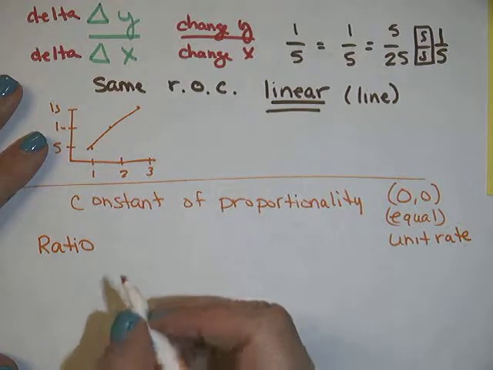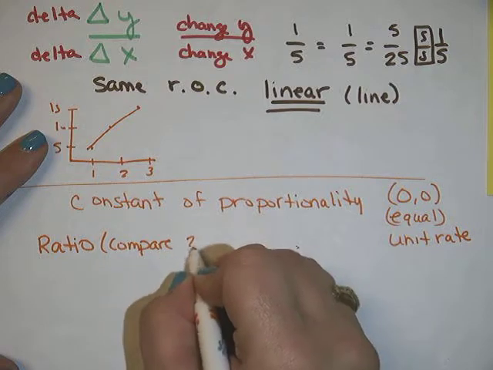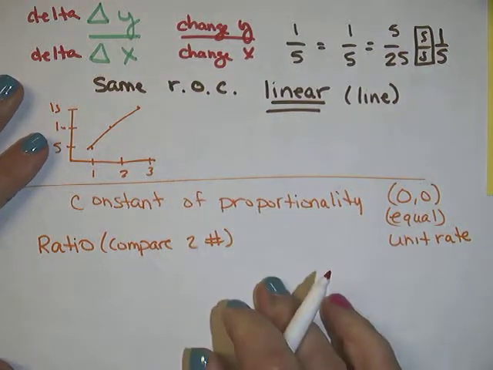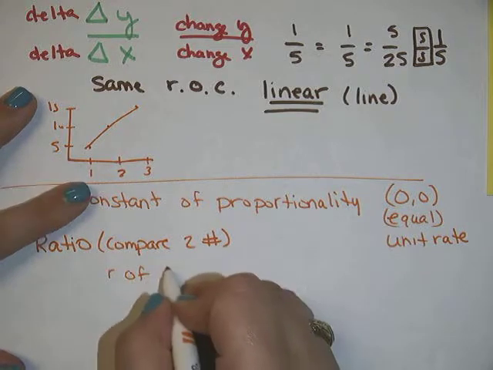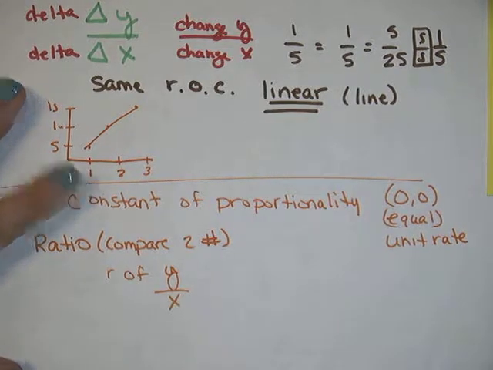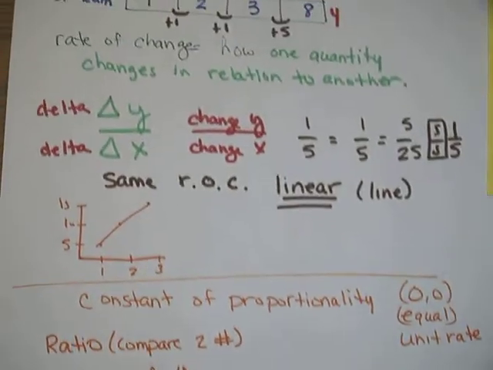So to do this, we're taking the ratio. Ratio is just a what? Yep, very good. It's just comparing two numbers. So we're looking at the ratio of y over x.